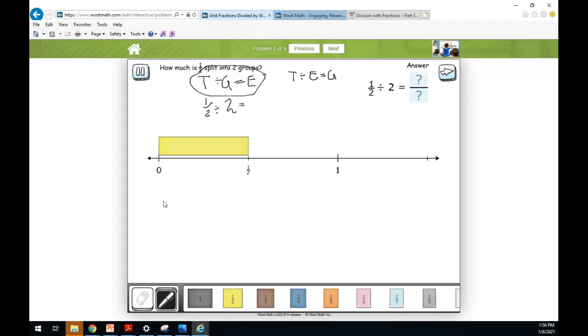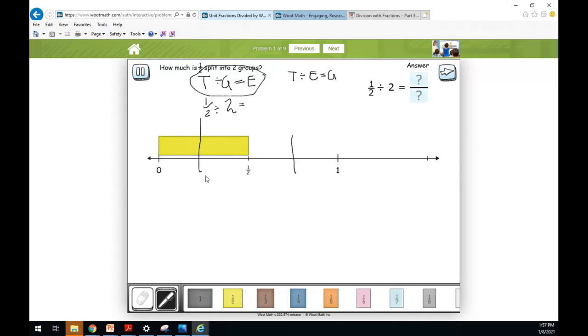So first of all, how much do we have? We have 1/2, and we're going to split it equally between the 2 siblings. Whatever I do to this part of my acre of land, I also have to do to the other part.